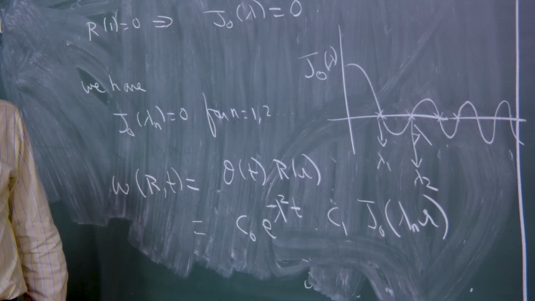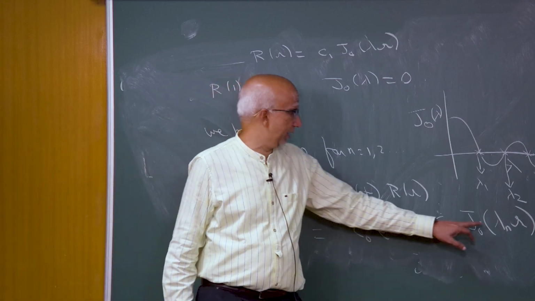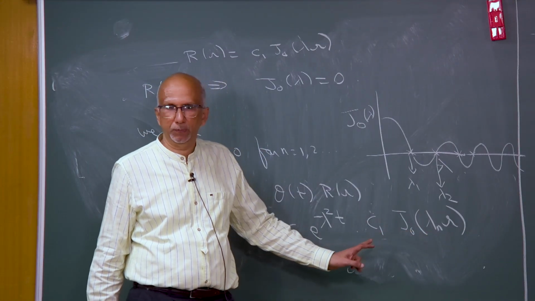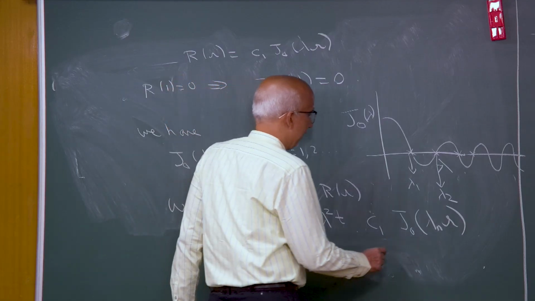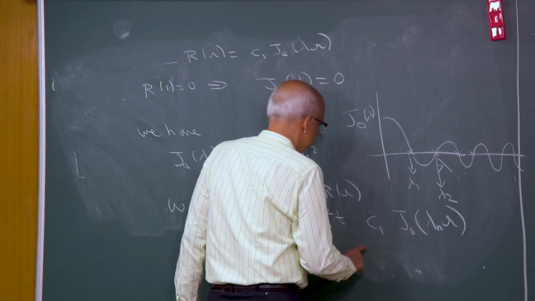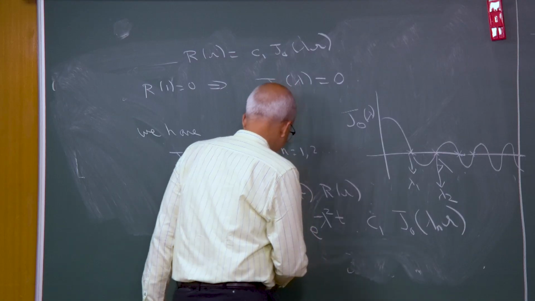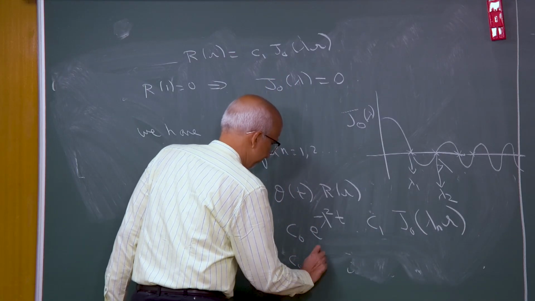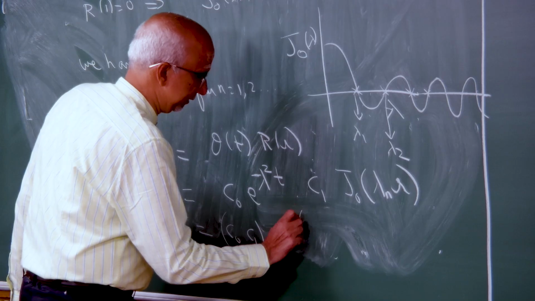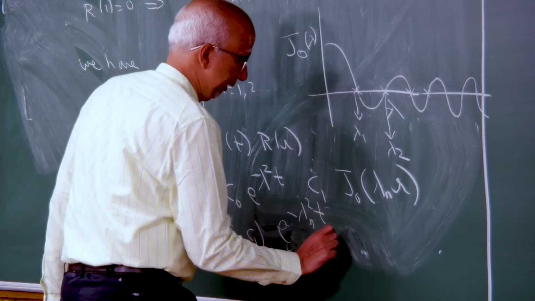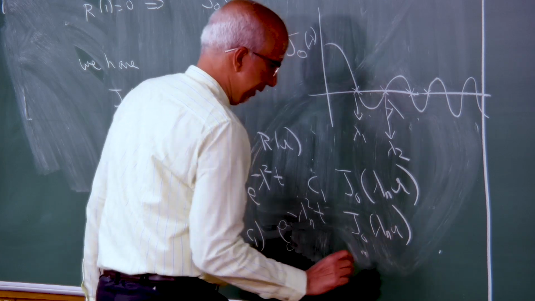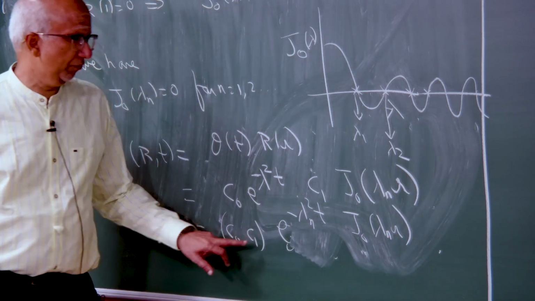Now, the point is, I will have an infinity of these solutions, and each of these solutions is going to be associated with an arbitrary constant. So, this constant C0 multiplied by C1 times e to the power minus λn² t J0 of λn r is going to vary with n.